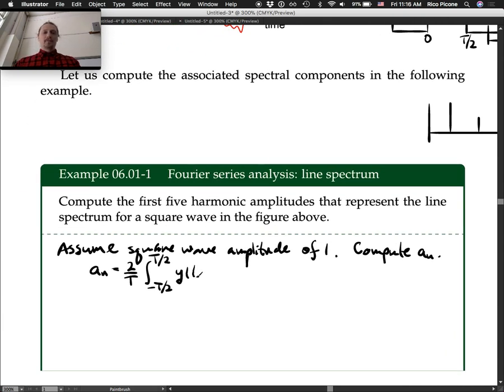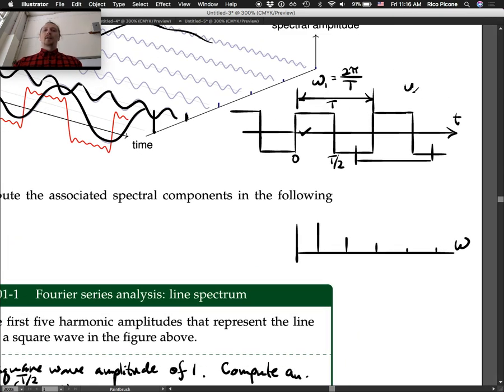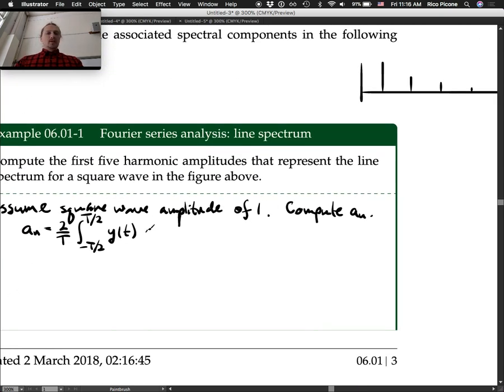y of t. So y is this square wave, so we'll call it y. Call it anything. Cosine of omega n t dt. And we're going to ignore the fact that we're not using a dummy variable of integration here, but it's fine.